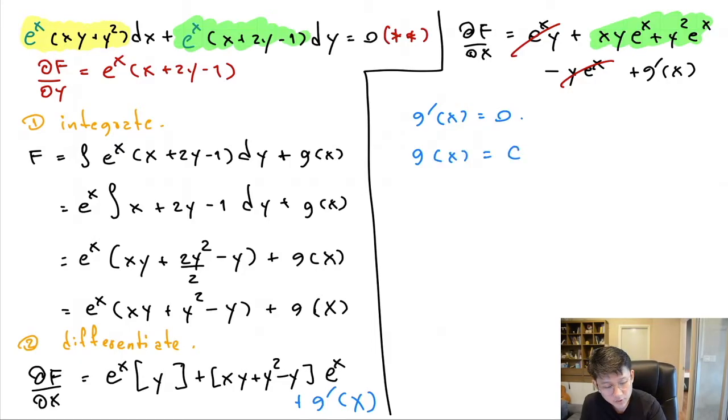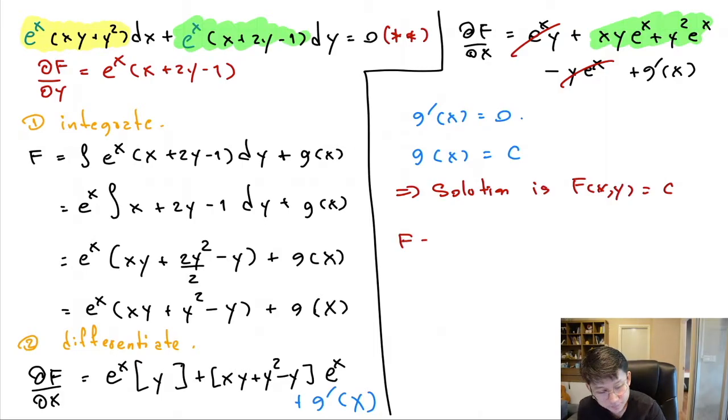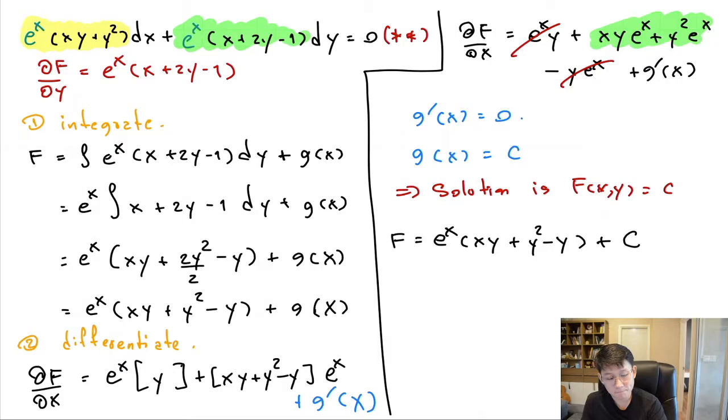Okay, so the solution is f of xy equals c, right? So what is f? f is from here: e to the x times xy plus y squared minus y plus c, equals, can I call this c1?